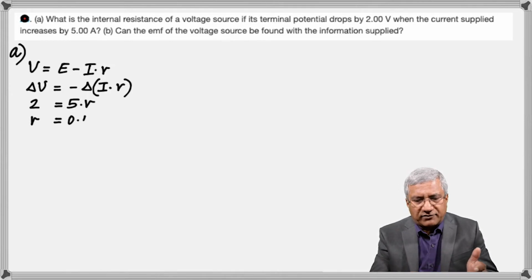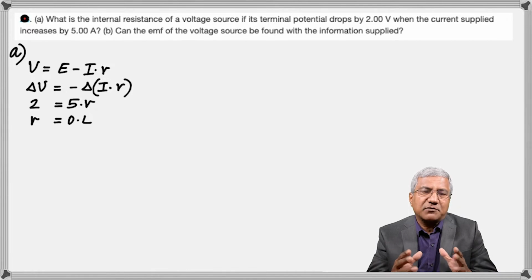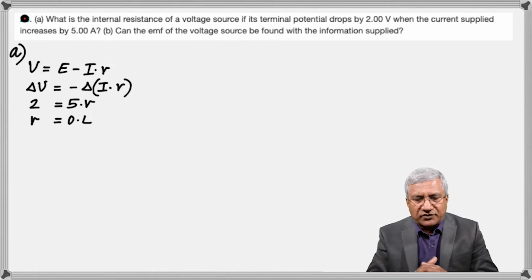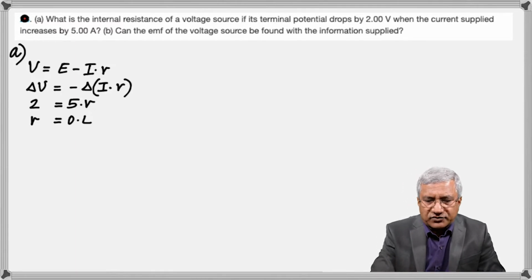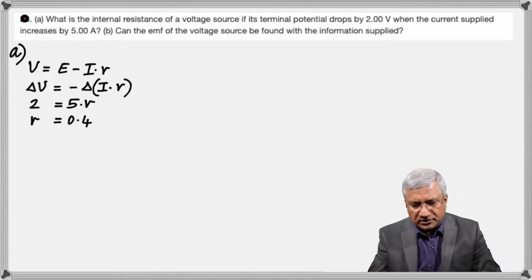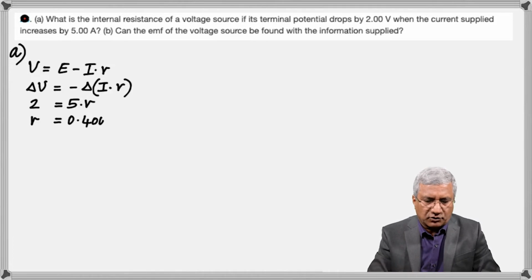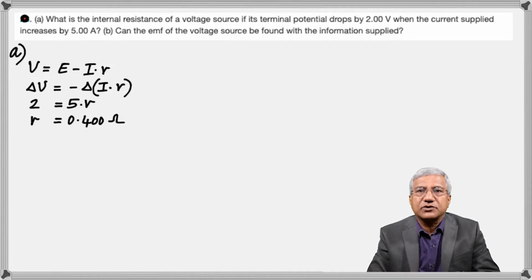I have neglected the negative sign because one is an increase, the other is a decrease, if you notice. So the negative goes off. And so you get 2 is equal to 5 times R, because 5 ampere is the current. And then we can find the internal resistance easily as 0.400 ohm.